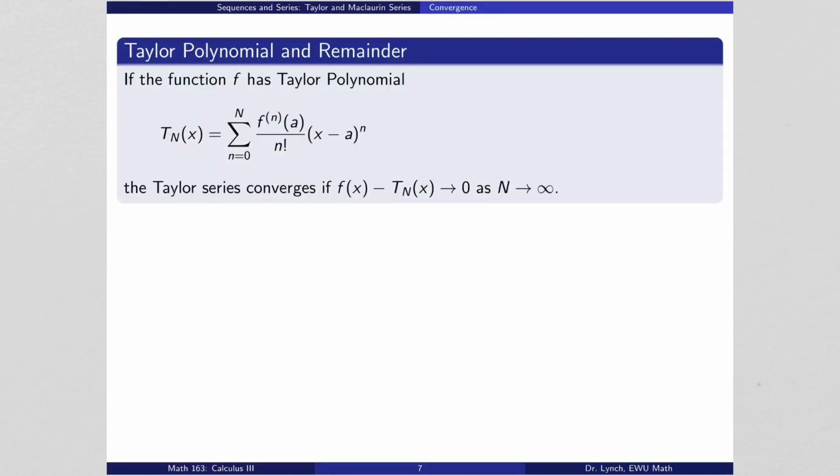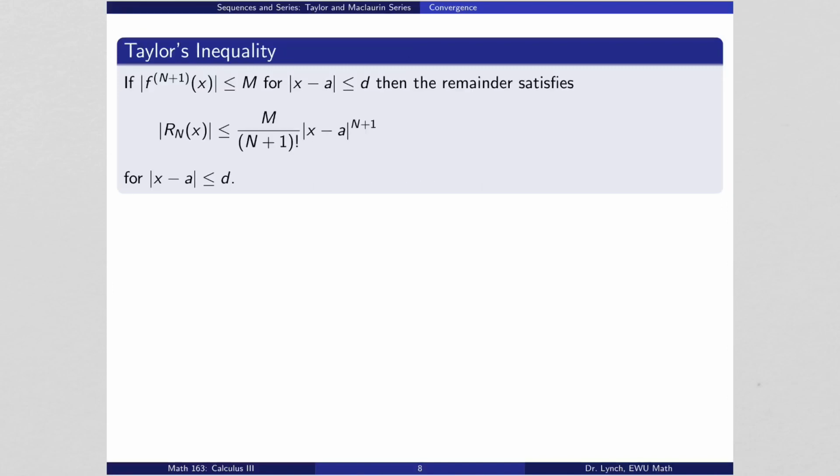So that's defined more clearly here. We say that the Taylor series converges if f minus T sub n goes to 0 as n goes to infinity. So this gives us a way to check convergence of the Taylor polynomial to the actual function as the number of terms in the Taylor polynomial goes to infinity. Okay, so let's have a look at Taylor's inequality.